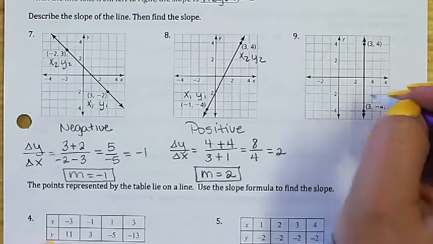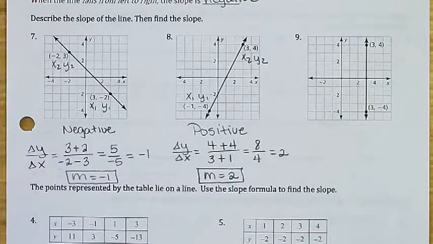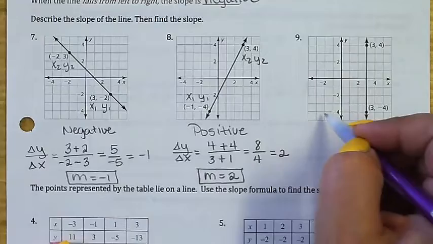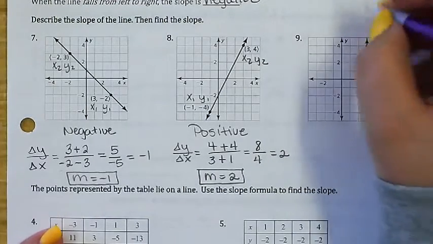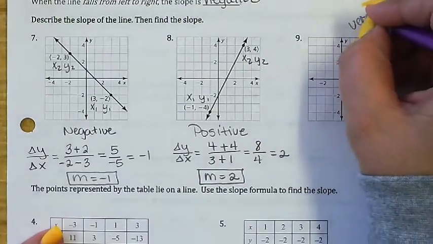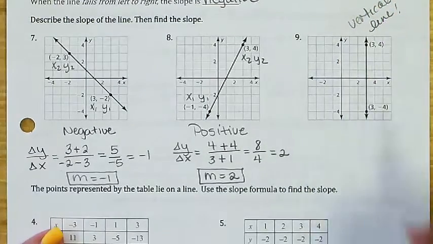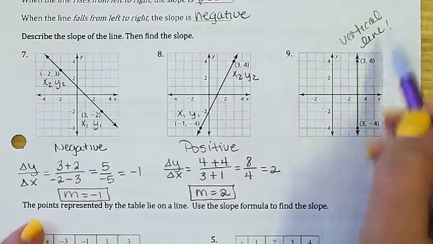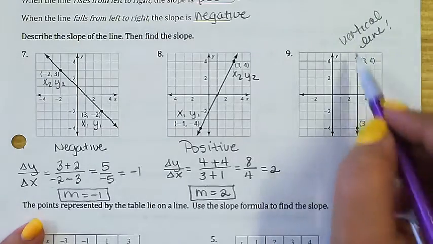Then, this one looks very interesting. When we decide negative or positive here, well, I don't see it going upward or downward. It's just literally a vertical line, okay? This is a tricky one. I always call it the black sheep of that linear family, because it breaks all the rules.